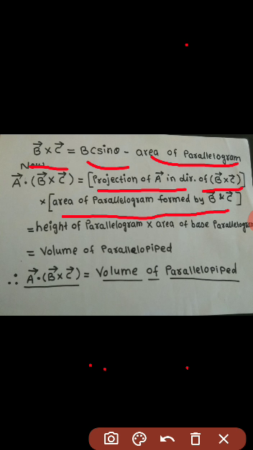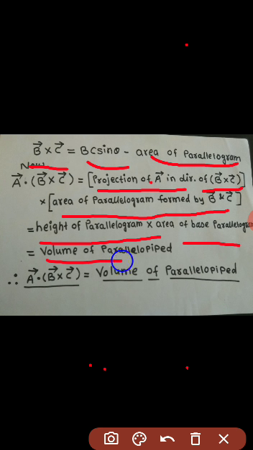Now, the projection of vector A, shown in the diagram, is nothing but the height of the parallelepiped, and B cross C is nothing but the base area of that parallelogram. And we all know very well that height into base area is nothing but the volume.